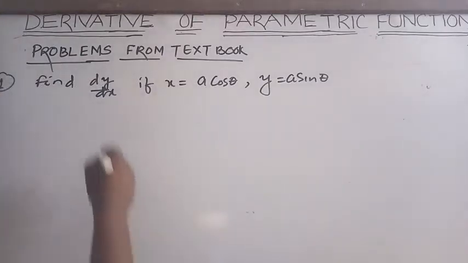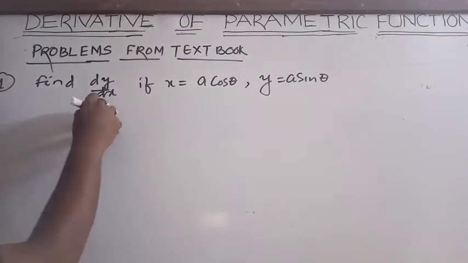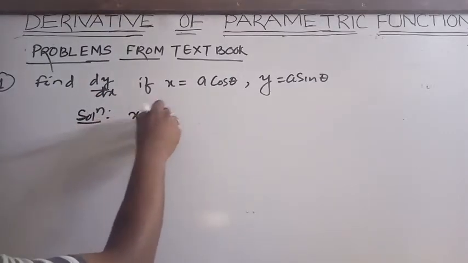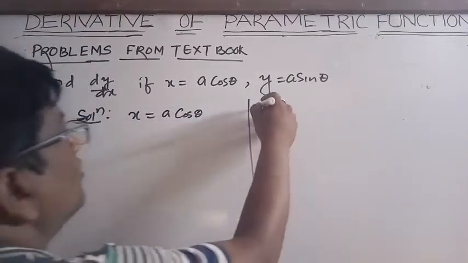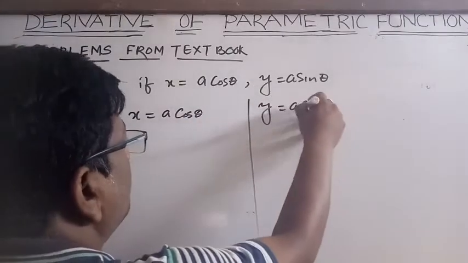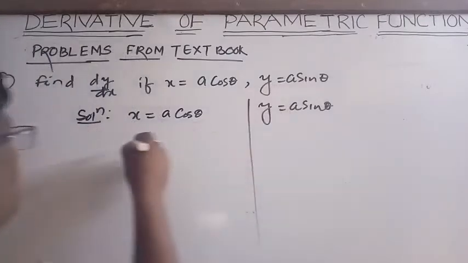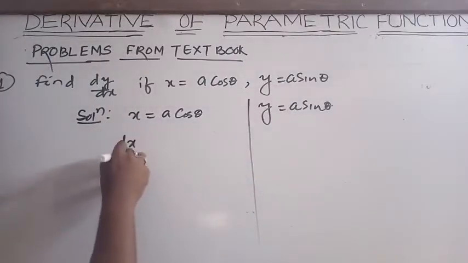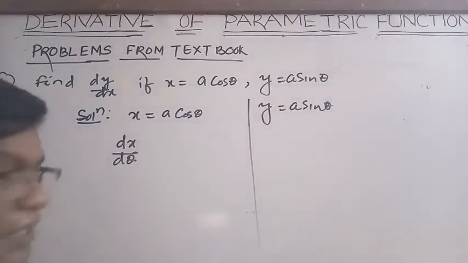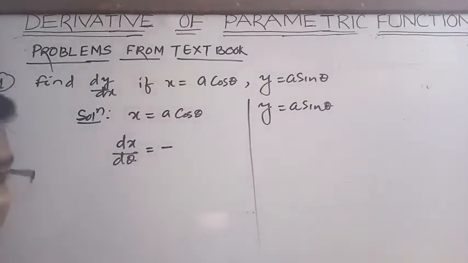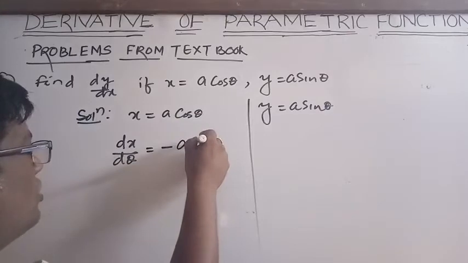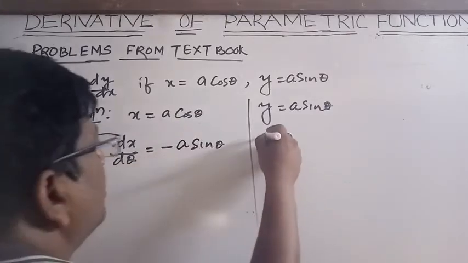So the solution is x is equal to a cos theta and y is equal to a sin theta. Now dx by d theta, here theta is the parameter, is equal to a times the derivative of cos theta, which is minus sin theta, so this is minus a sin theta.